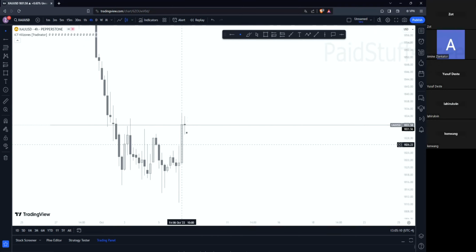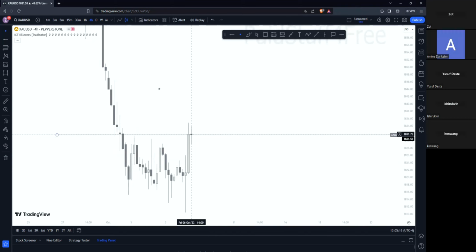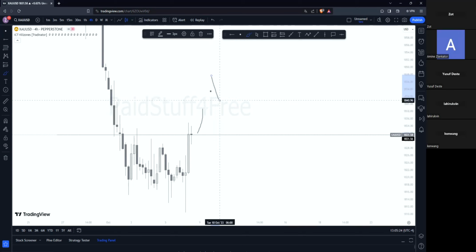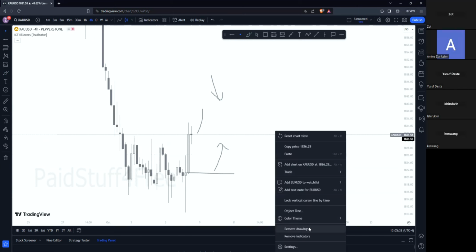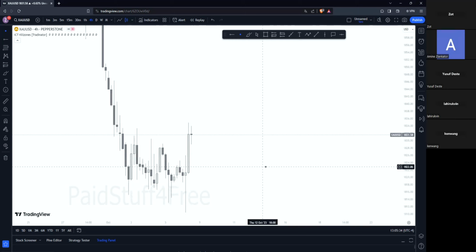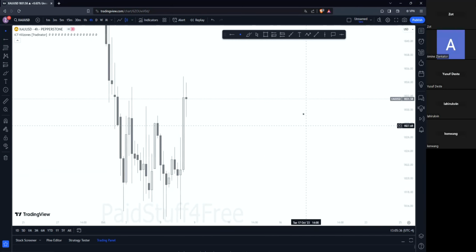Any key level below the current price is going to act as a support, and any key level above the current price is going to act as resistance. It doesn't matter how it looks, how big it is, how small it is, okay? As long as it's above, it acts as resistance to push price lower. If it's below the current price, it's going to act as support to push price higher. Understood? Amazing. Now, I'm going to show you how to mark the key levels, all right?